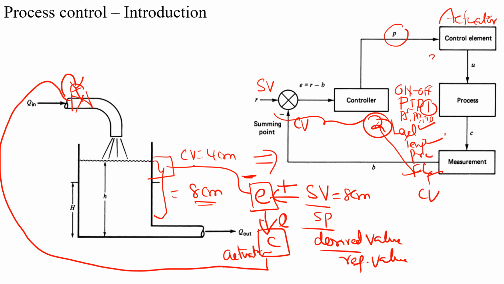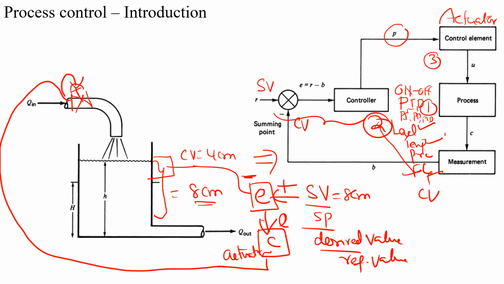Then the third module is the actuators. So what are the various actuators? In this, we are going to learn electric actuators and pneumatic actuators. Then one such pneumatically actuated device is a control valve. So we are going to learn the mathematical modeling of the control valve and control valve characteristics.